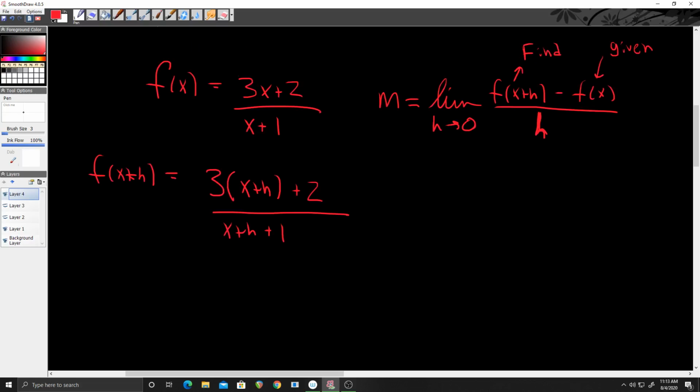Okay? Now let's plug it into our slope formula, our dy dx. There we go. All the different notations. Let's plug it in. Limit as h approaches 0, f of x plus h.